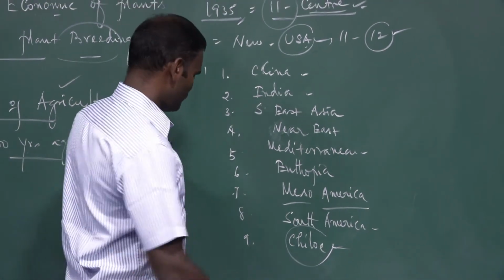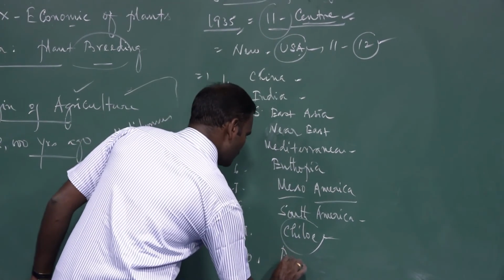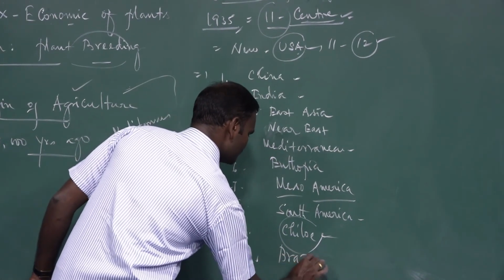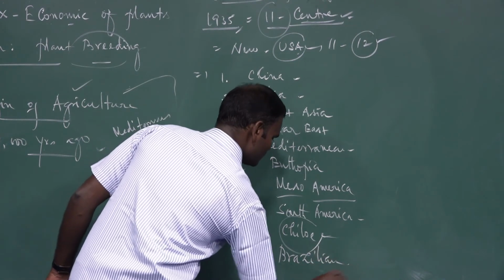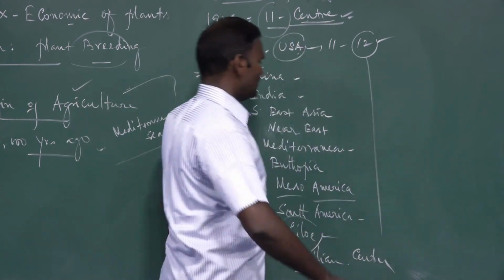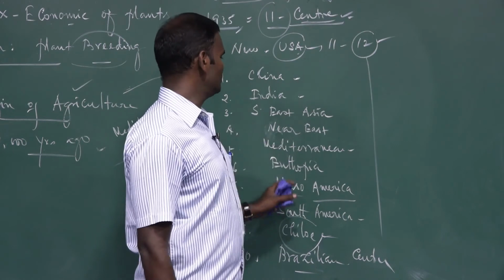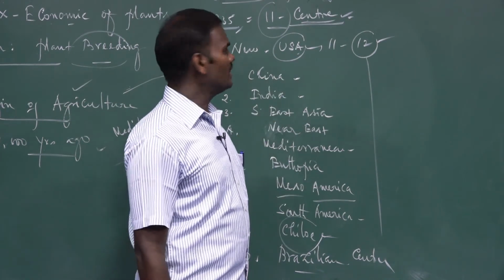Then another one is the Brazilian centers. So these are the centers that were identified by biologists throughout the world, by Vavilov, who lived 1887 to 1943.